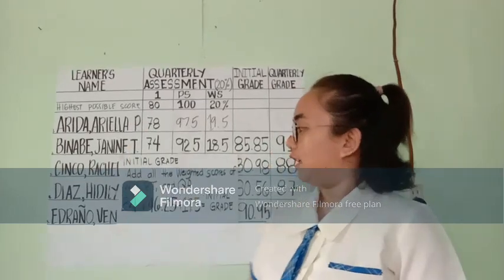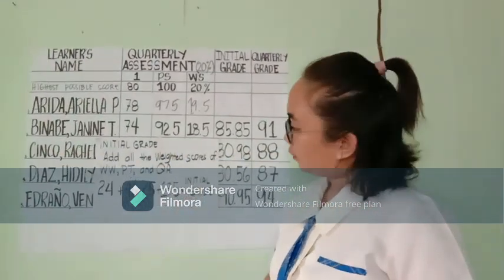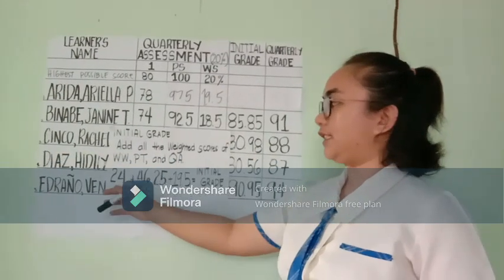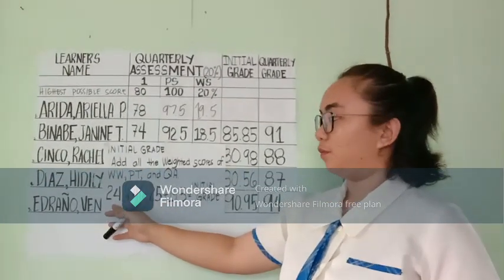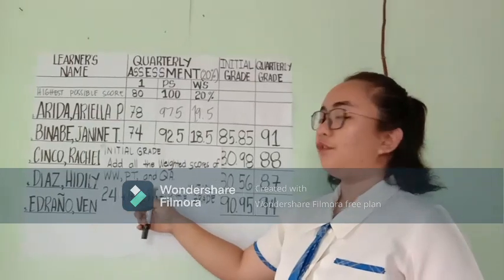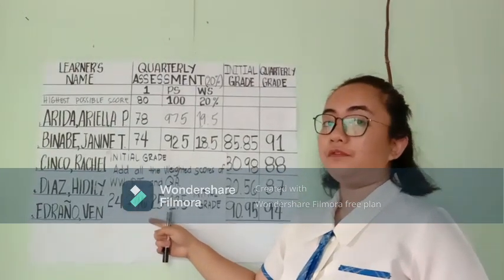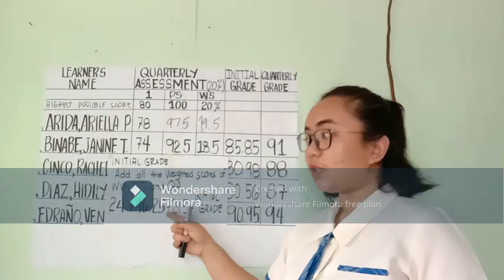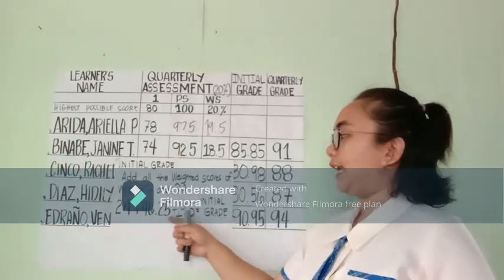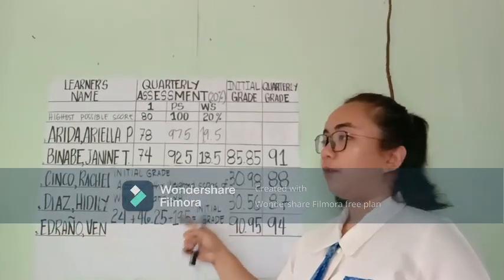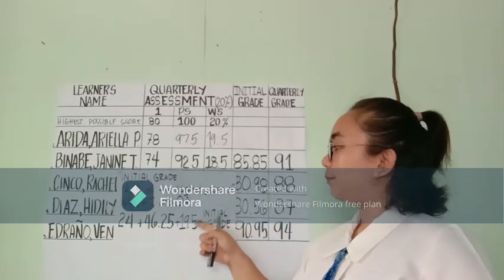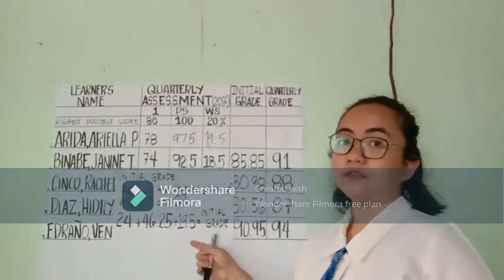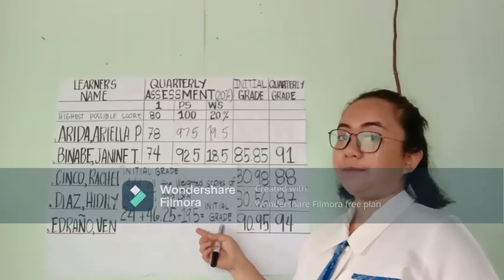Ariela Arida's weighted score from written works is 24, added to 46.25 from her performance task, and then combined with 19.5 weighted score from her quarterly assessment.